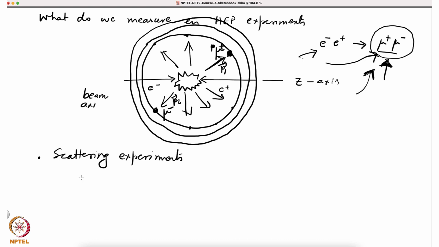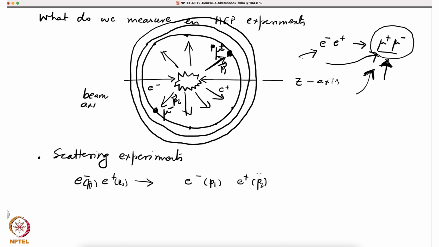Okay. So, when you scatter an electron and a positron, they may deflect in different directions. Let us say you started with momenta K1 and K2, and you produced particles with momenta P1 and P2. Now, the initial state and final state have the same set of particles.